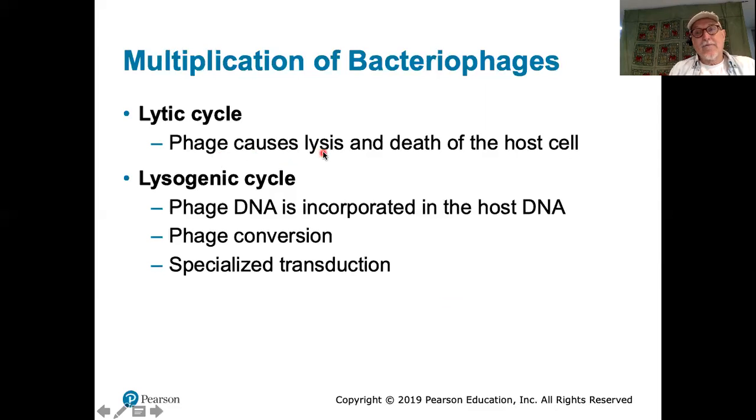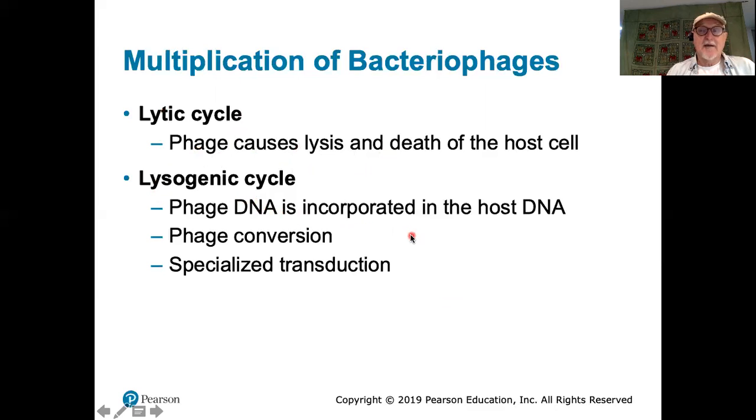So if they go into a phase where they cause immediate lysis, it's called a lytic phase, a lytic cycle. And the phage will cause immediate lysis and death of the host cell. A lysogenic cycle is different.